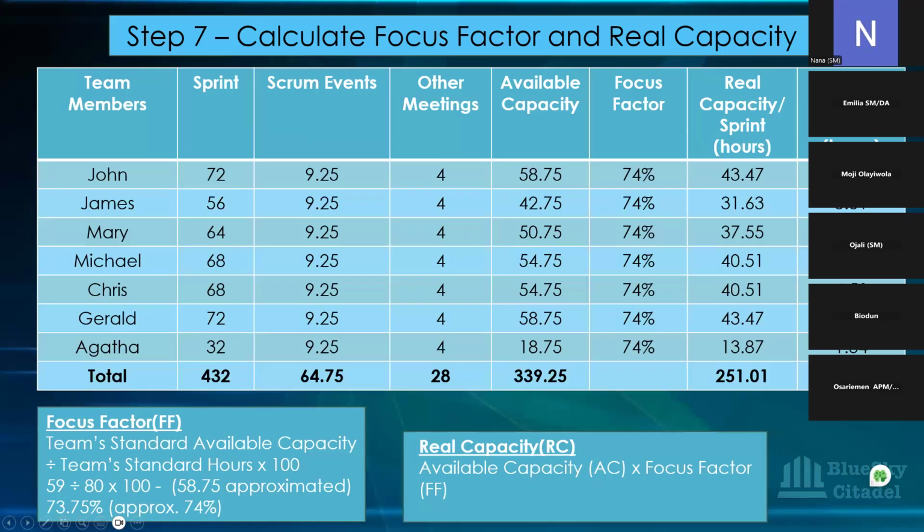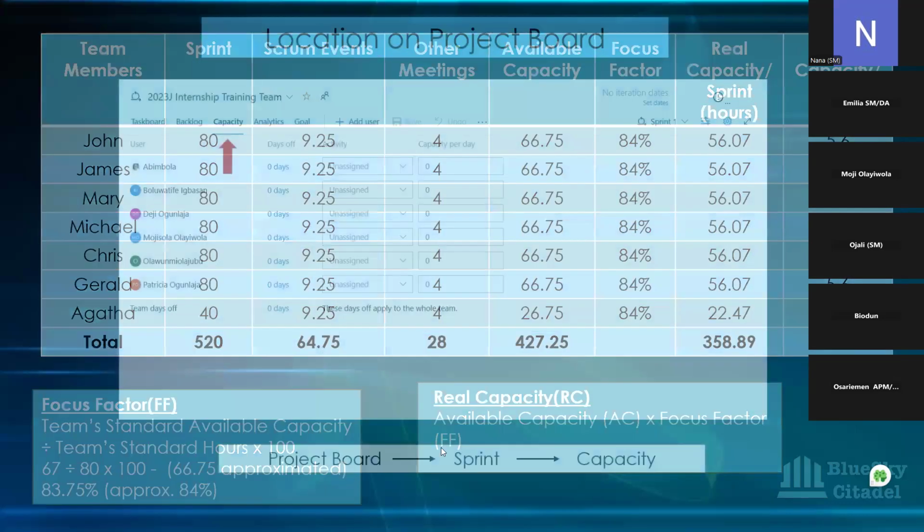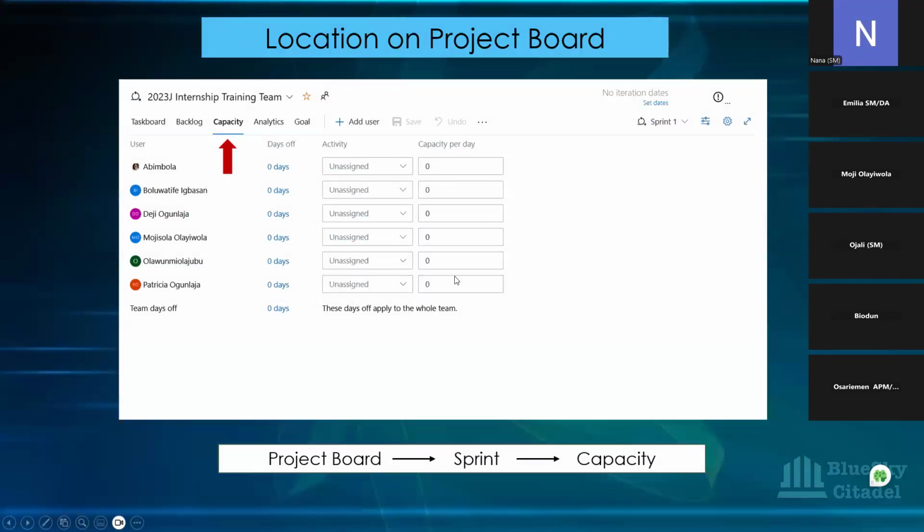For James, approximately 4 hours. For Mary, approximately 4 hours because this is not up to 5, so you can't approximate it to 5. For Michael, approximately 5 hours, and so on. You're able to put those numbers in here where you have capacity per day, and use that to calculate their capacity per day.